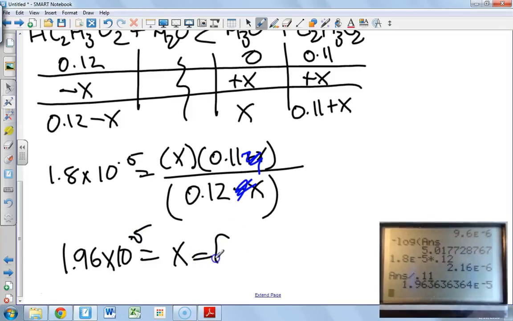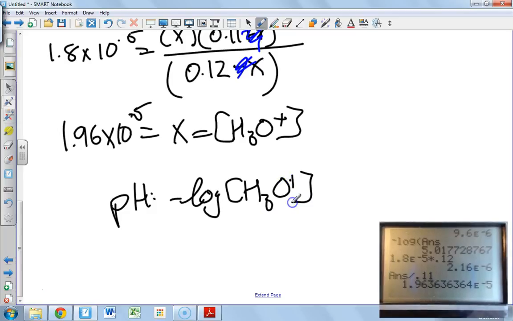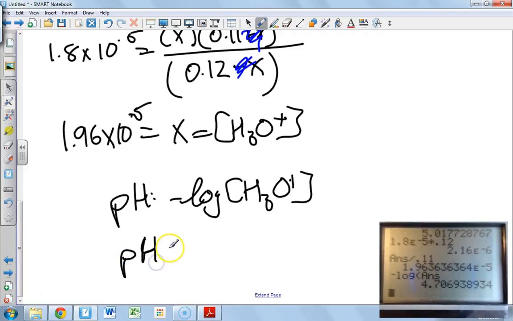Now, that equals the hydronium ion concentration. Okay, so now we can do the negative log of that, and we get that the pH is equal to 4.71.